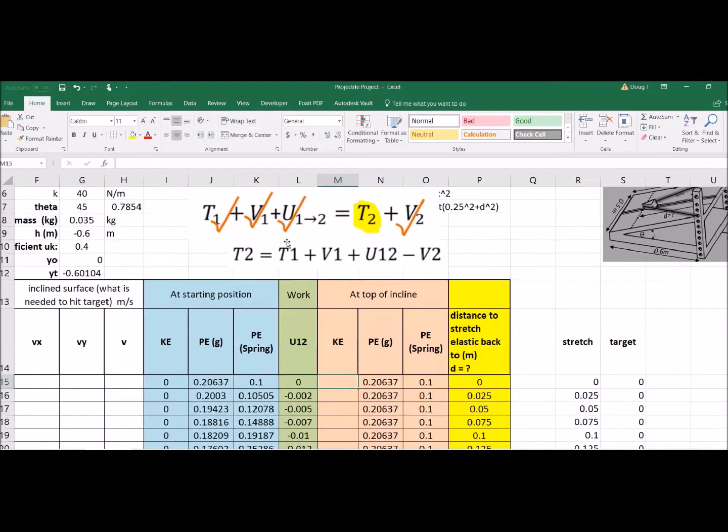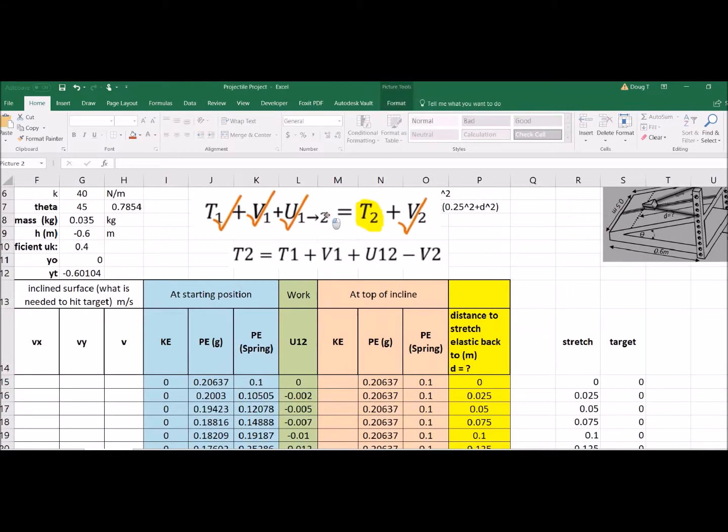So what we can do is by process of elimination, so here's all of our ones, our starting T1, V1, U1, and then at the end we have these two are our V2s. So our final kinetic energy, all we have to do is just say equals all of this stuff, T1 plus V1 plus V1, and then it's actually minus, but that column is already negative, so there's our work.